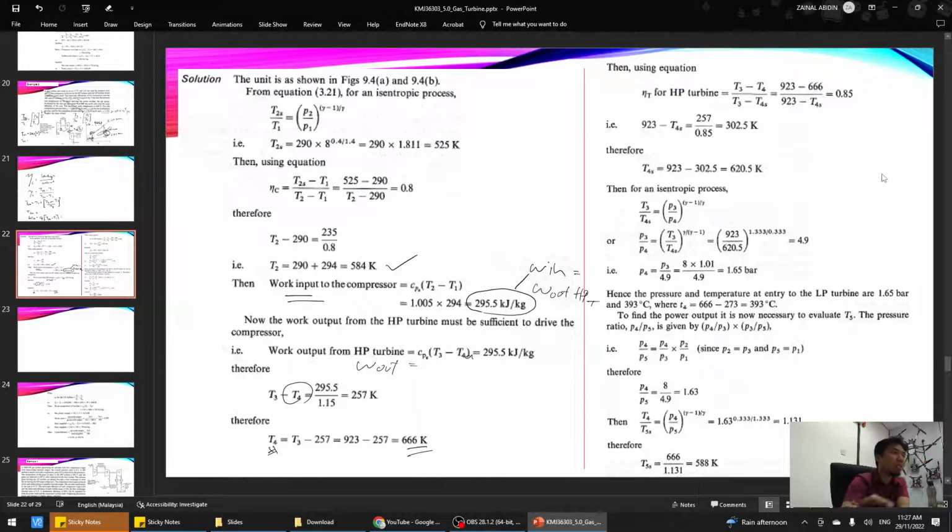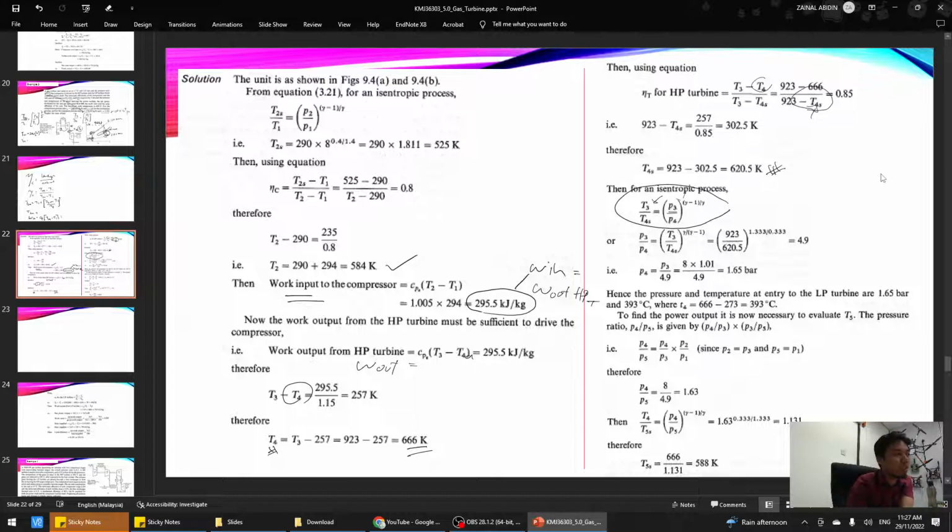Macam ni you cari yang isentropic temperature di sini 4S. Sebab you dah dapat 4A, nak cari 4S pula. Dapat 4S, you dapatlah sini temperature yang 4S. After that baru you boleh pakai formula yang ini. Sebab you ada T4S, T3, P3 dan P4, you not necessarily kena cari satu persatu.